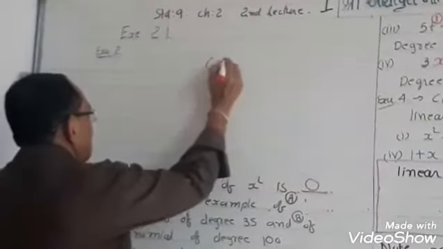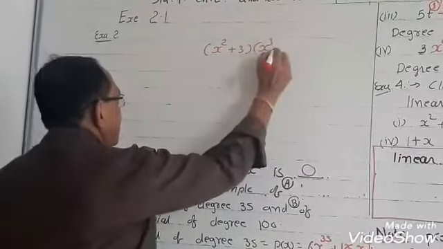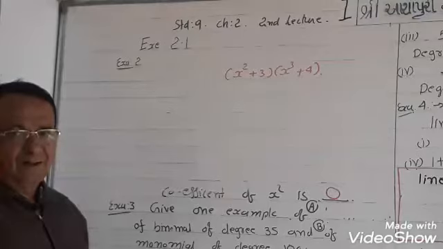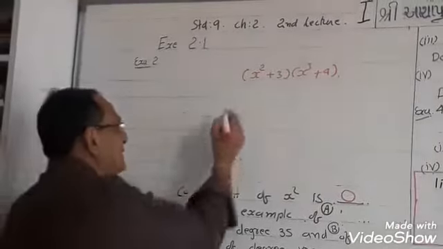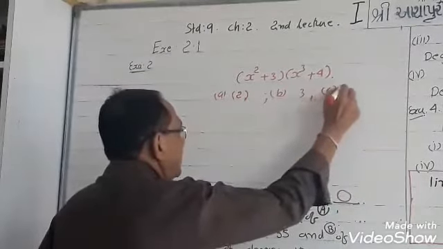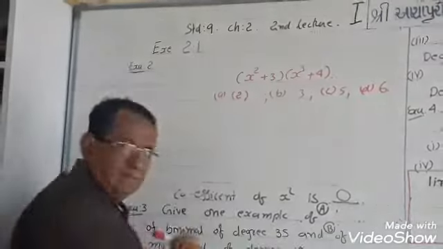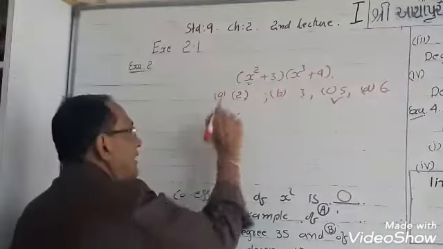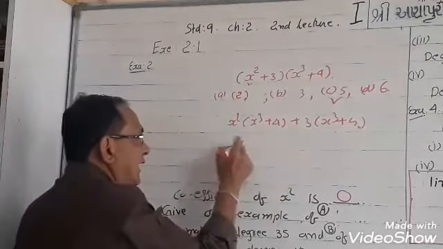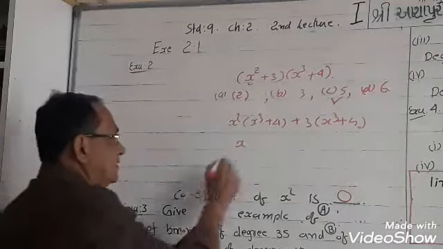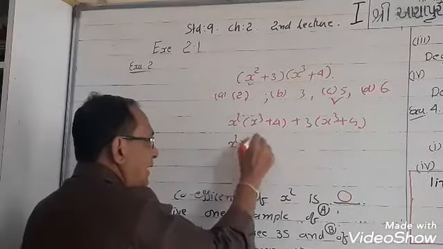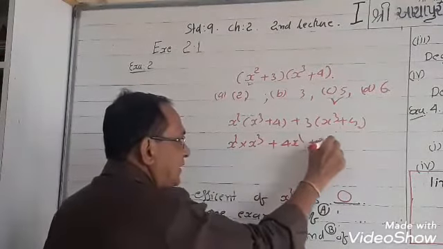One example I will give here. Last time I have asked it. x square multiplied by x cube plus 4, plus 3x cube plus 12. What is the degree of the polynomial? Is it 2, 3, 5 or 6? One answer is there. The correct answer is 5. Here x square multiplied by x cube plus 4x square plus 3x cube plus 12.